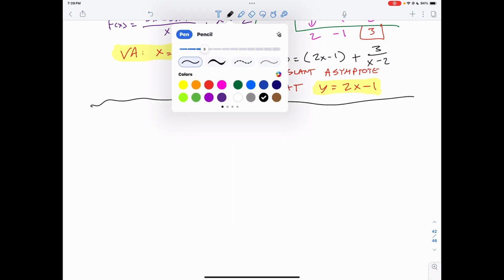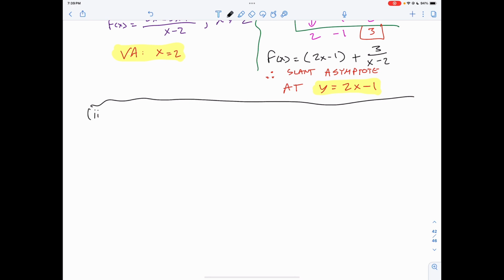Step 2. Intervals of increase and decrease.